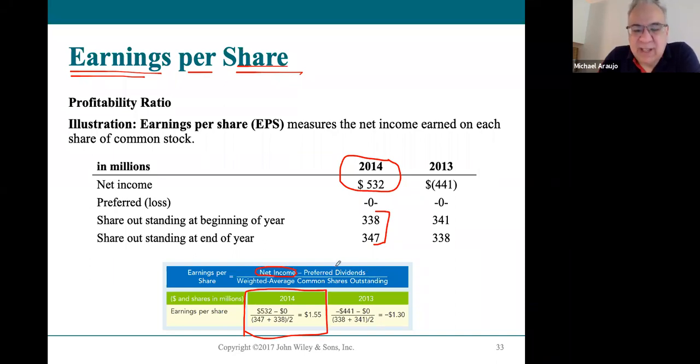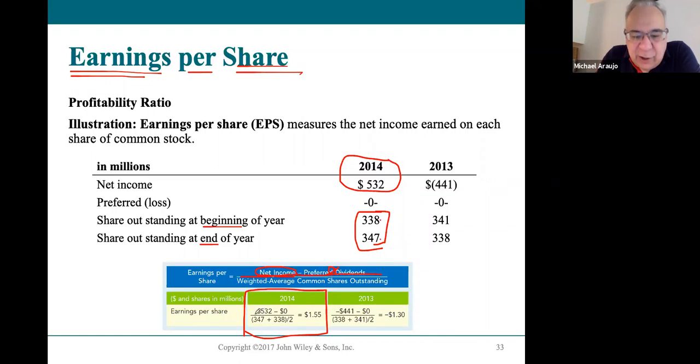That means for the other 93% of the time, it's going to be 0 because there's no preferred stock, there's no preferred dividends. So it's simply the profit of the company divided by the average number of common shares, which is the average between the beginning and end of the year. These two numbers added together divided by 2 will give you an average.